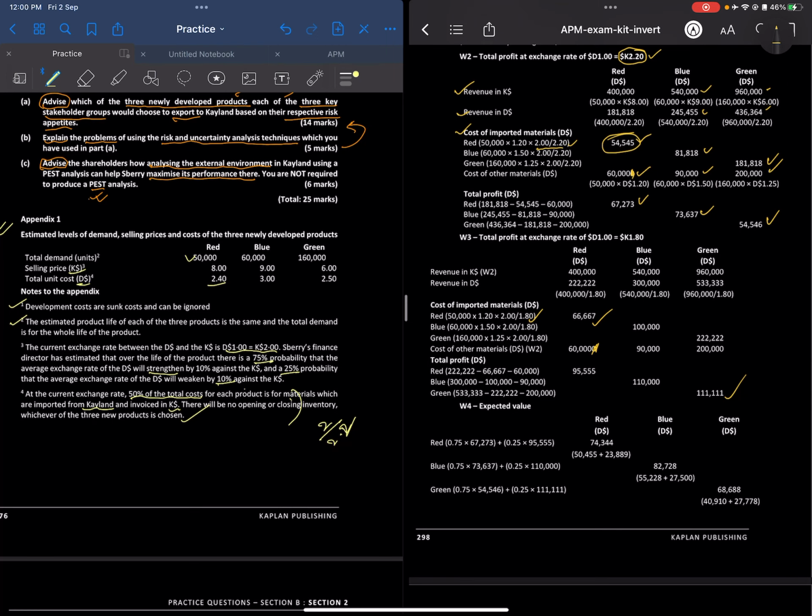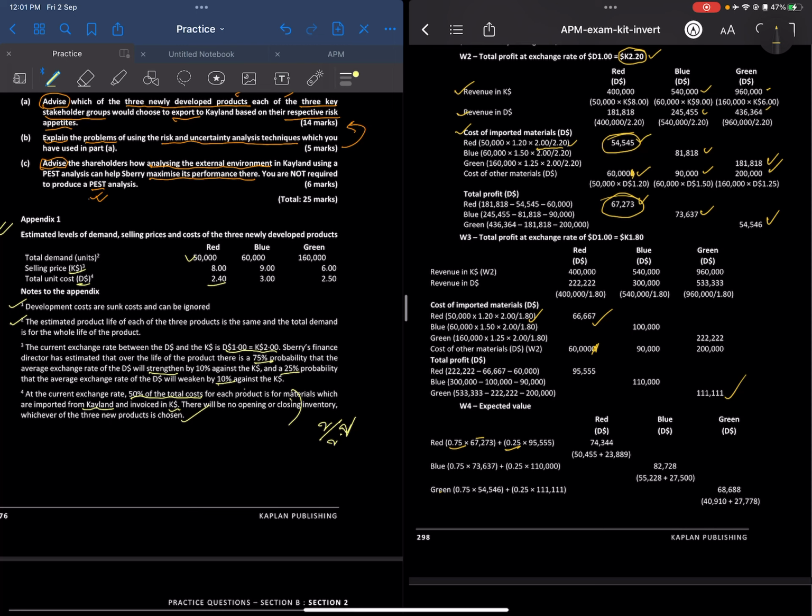And then after that, we use probability inside it as well. So this is profit for red when the probability is 75%. There is a 75% probability of that happening, so 0.75 times that, and there is a 25% chance of rates not moving in our favor. So 75% plus 25% makes 100%.